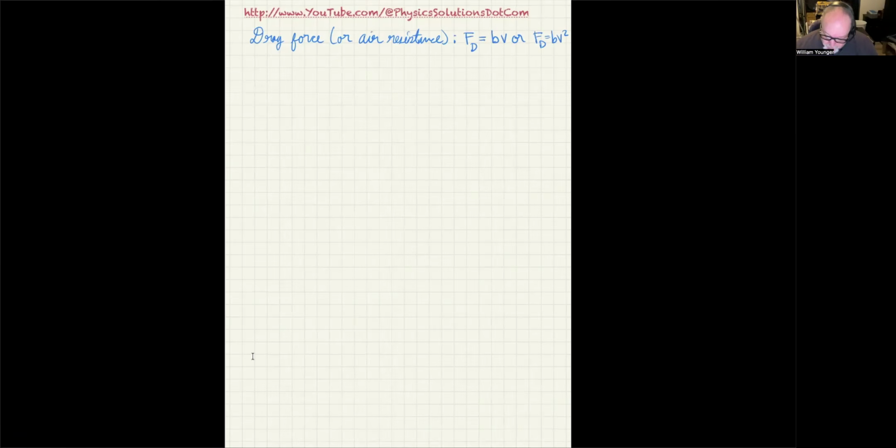But normally the v squared happens when the fluid is super, super thick or when the velocity is super, super high. So it's probably a little more reasonable when you're talking about cars going 50, 60 miles per hour. It's better to say that the F drag force is B times some velocity squared. And as I said, that B is directly related to the viscosity.